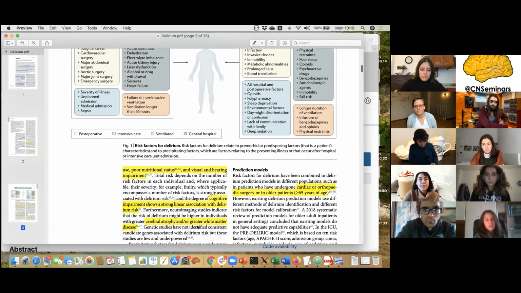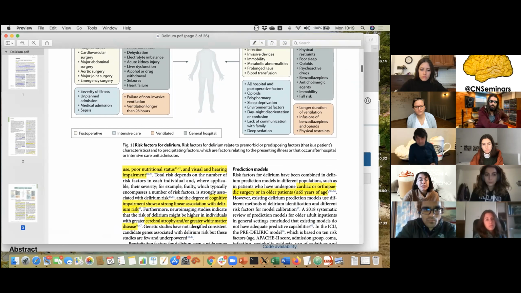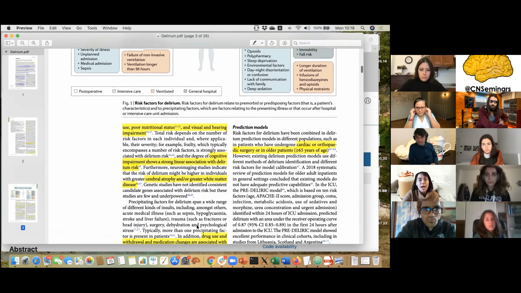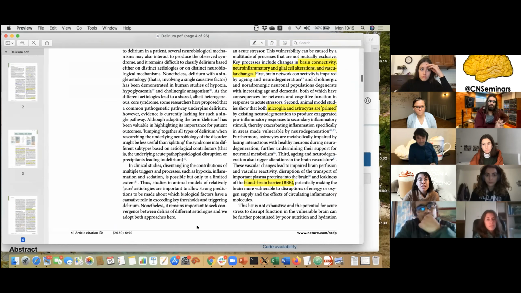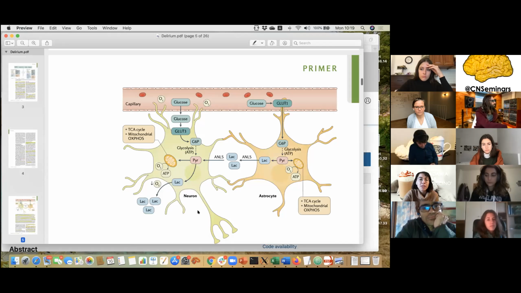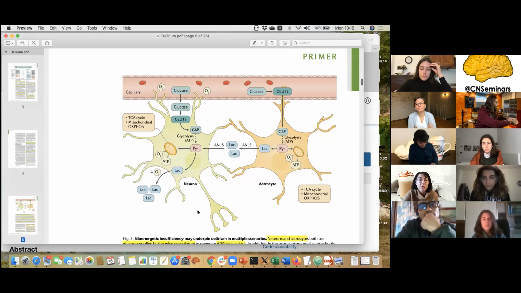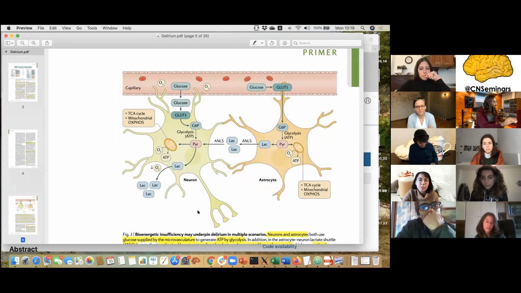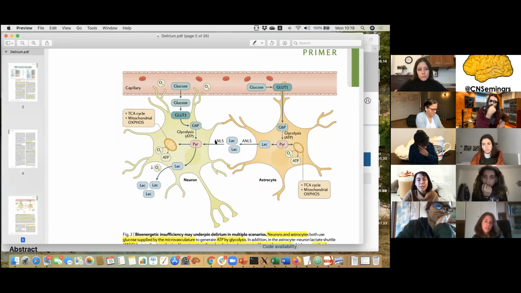The hypotheses about what triggers delirium are poorly understood, and one of the main explanations is metabolic dysfunction. In this nice picture, you have represented neurons and an astrocyte. The function of the astrocytes is to help neurons in the metabolic pathway.